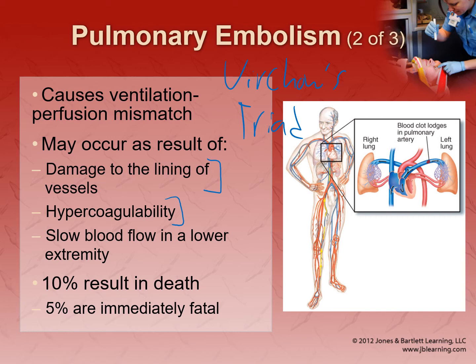And if there's damage to the lining of the blood vessels, that gives a site. There's a little micro injury that will start the clotting cascade. And if they're hypercoagulable, that clotting cascade runs rampant, gets a little more aggressive than it should. And because the blood isn't flowing, that clot is able to sit and form.